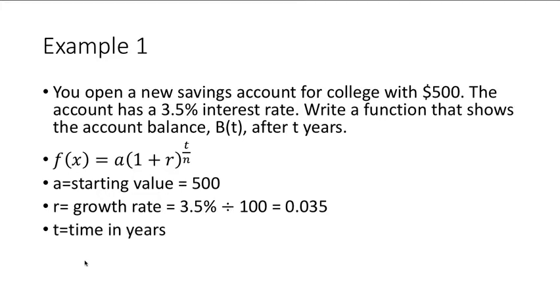T is the time in years. We're going to keep that as the t. And the n, our interval of time, since it doesn't tell us, we assume that it's every year. So we'll leave that as 1.